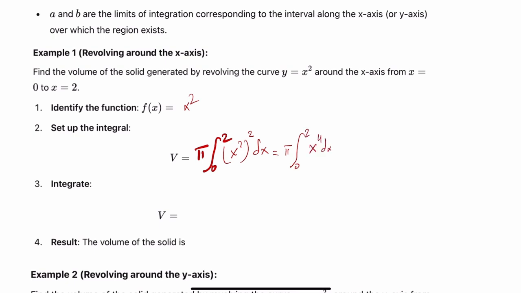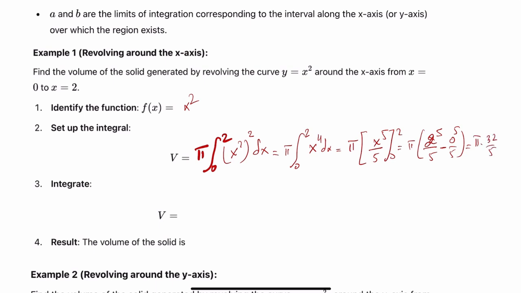You just calculate the integral here, which is x to the 5 divided by 5 from 0 to 2, which will be pi times 2 to the power of 5 divided by 5 minus 0 to the power of 5 divided by 5, which is pi times 32 over 5.